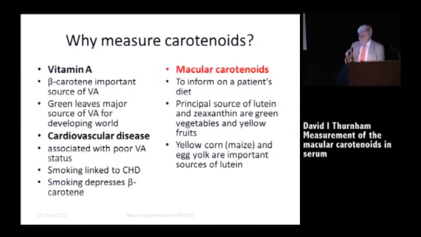Now, why measure carotenoids? Well, the initial reasons for measuring the carotenoids from the nutritional community's point of view was the importance of vitamin A. Beta carotene, or green vegetables, green leafy vegetables, and orange and yellow fruits were the main source of vitamin A for most of the world's population.